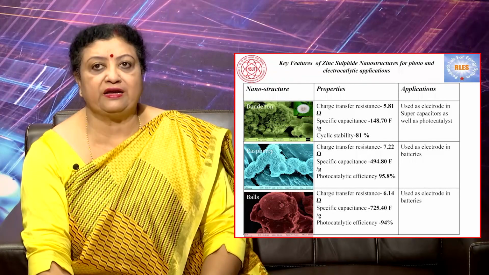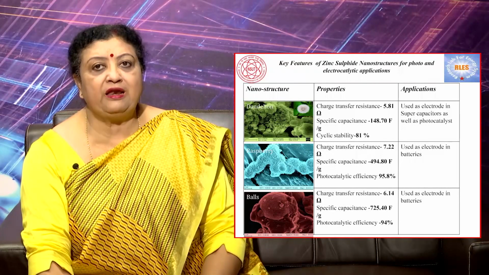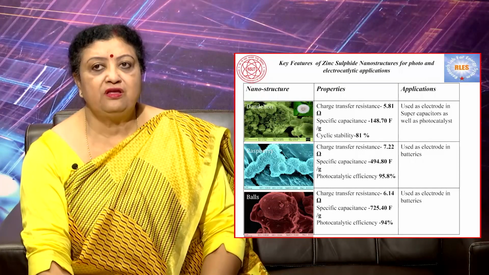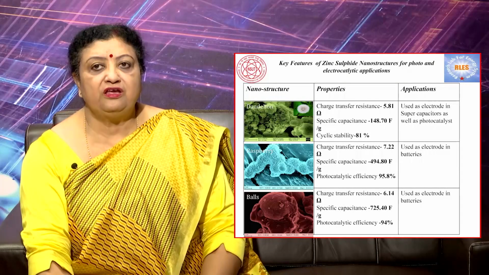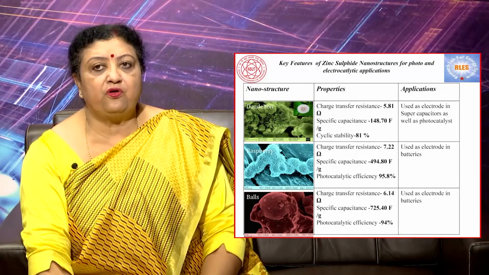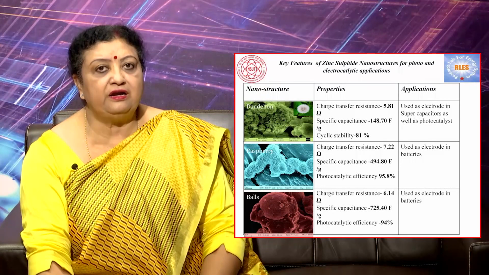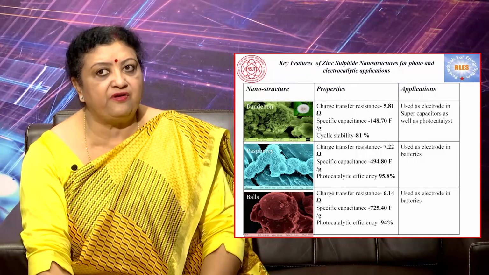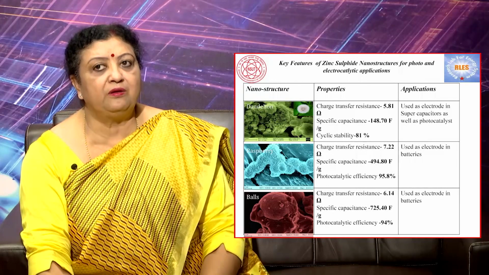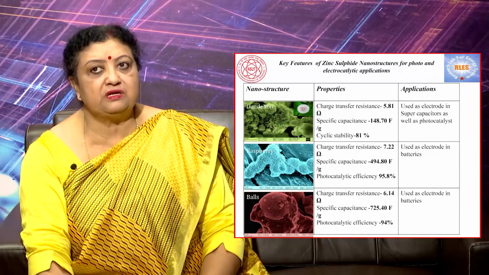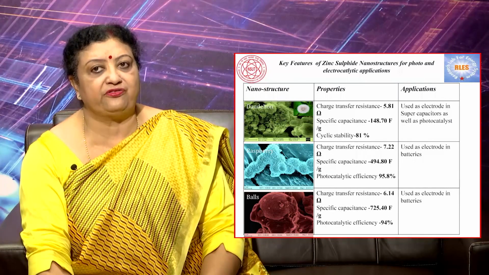The raspberry-like ZnS nanostructure has charge transfer resistance 7.22 ohm, specific capacitance 494.80 farad per gram, and photocatalytic efficiency is 95.58%, and it can be used as electrode in the batteries.